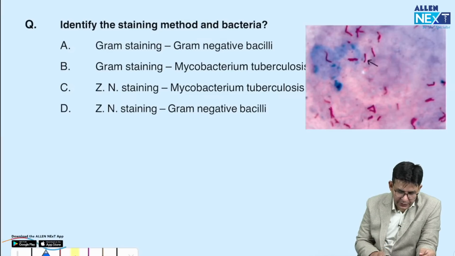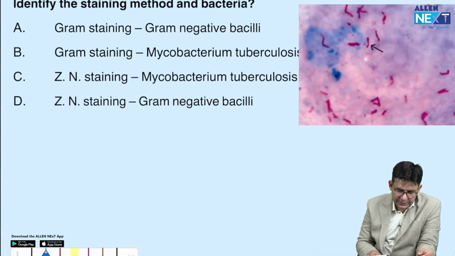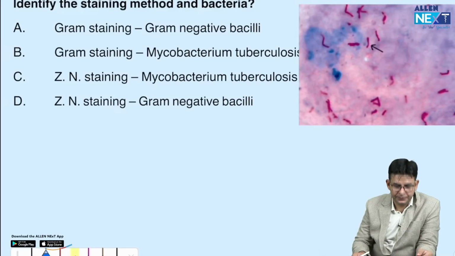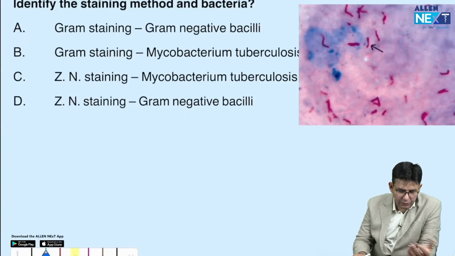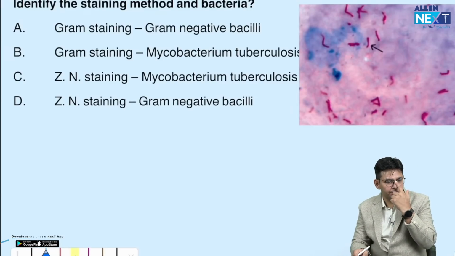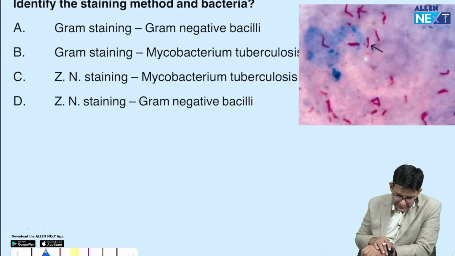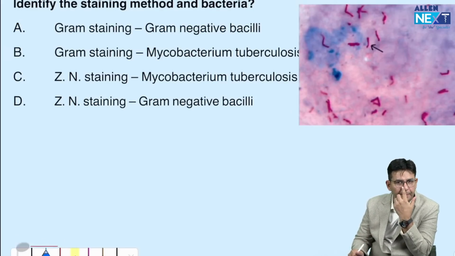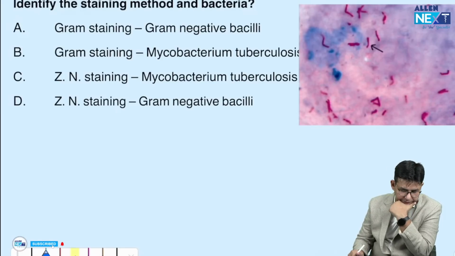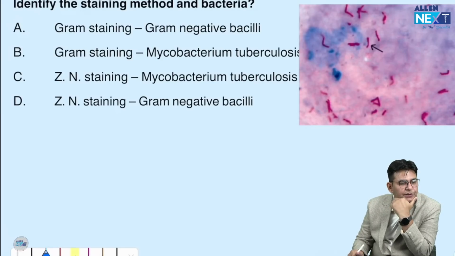Now, guys, coming to this one. Can you tell me what you are observing in this particular picture? Is it gram staining? Is it ZN staining? And if it is ZN staining, what are we observing? Tell me the answer. Yeah, Hare Krishna, very right, Chinese letter, cuneiform arrangement. Please tell, ZN staining or gram staining, first of all?